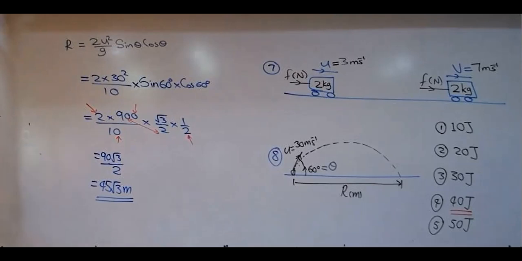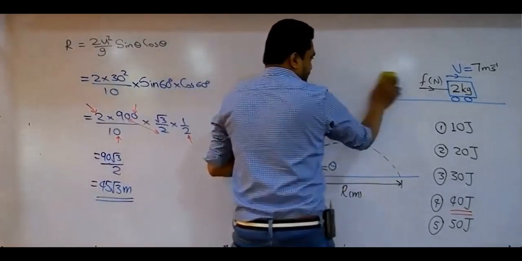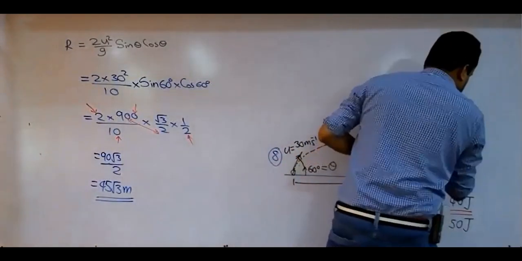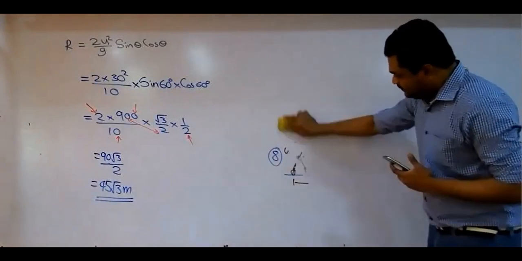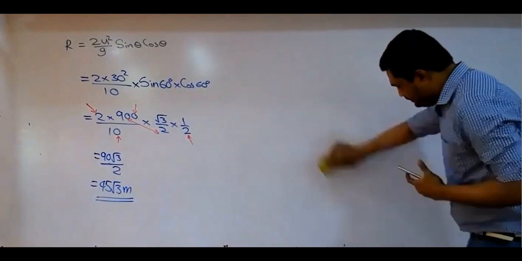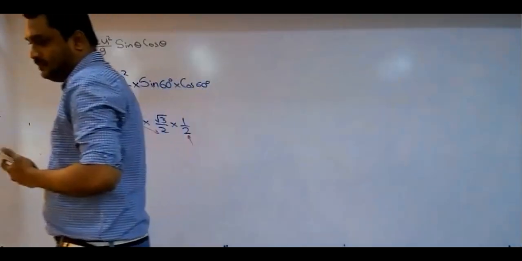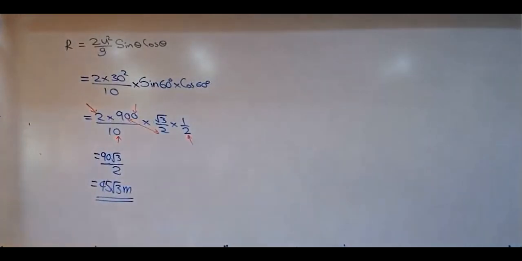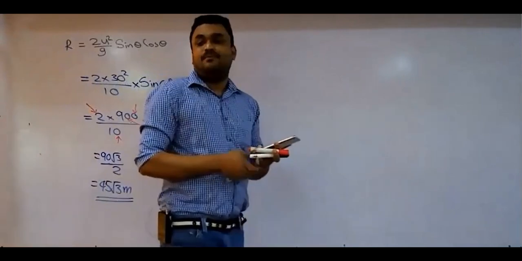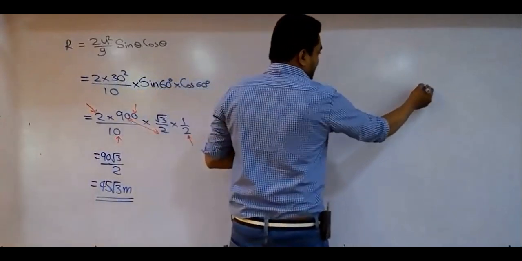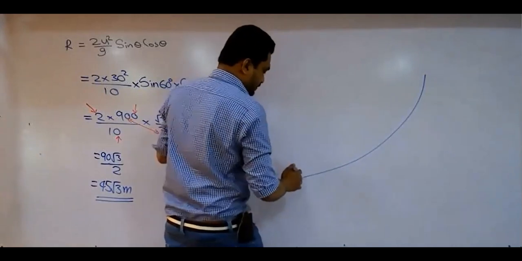How much work is done by the force? Let me draw the figure. That's the smooth inclined plane, but it's not a straight line inclined plane. It's a curved inclined plane like this.